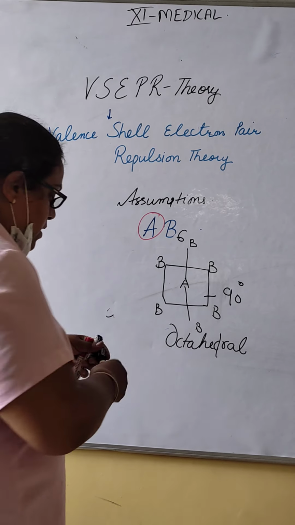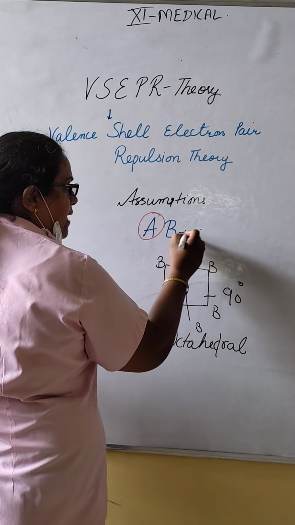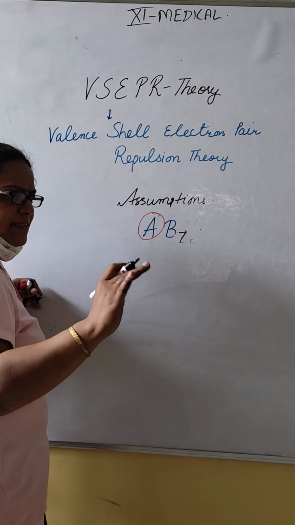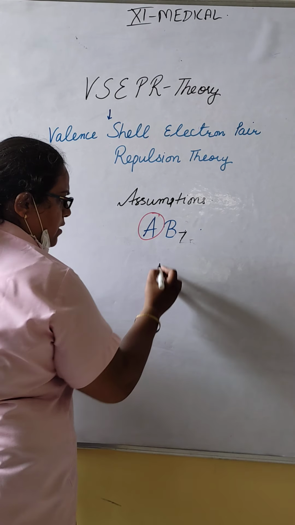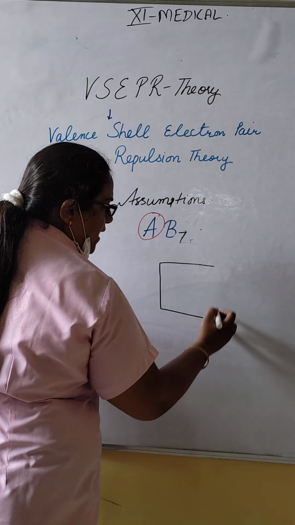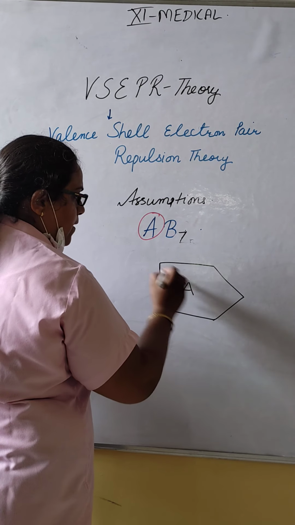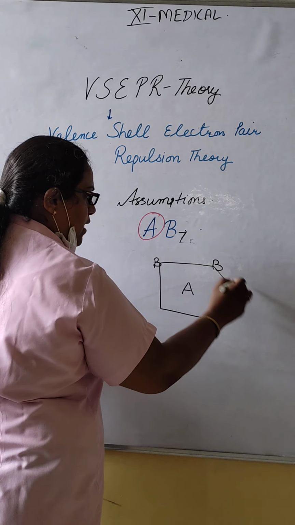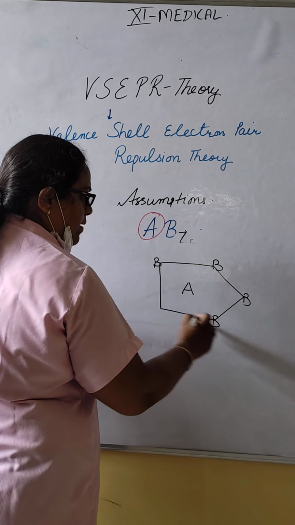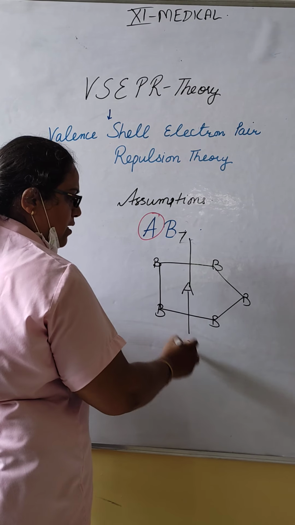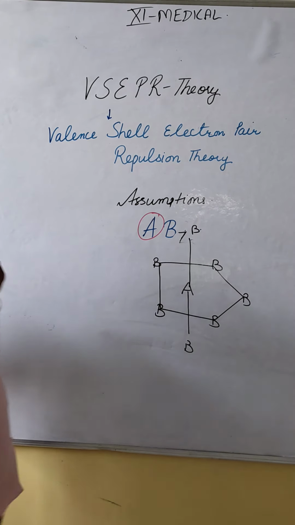Okay. Next we have AB7 type. Although it is not in NCERT, this will form a pentagon. A, B, B, B, B, B, one above the plane, one below the plane.